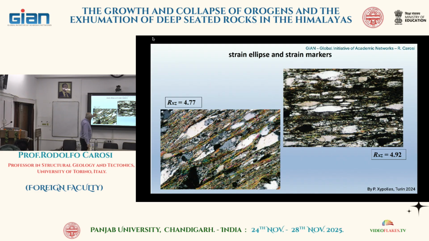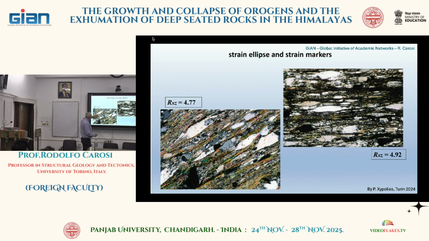metapelites or metaconglomerates, maybe from Greece, in these kinds of rocks. Paris Tsipolias was able to calculate strain using a lot of these strain markers because there are no fractures.